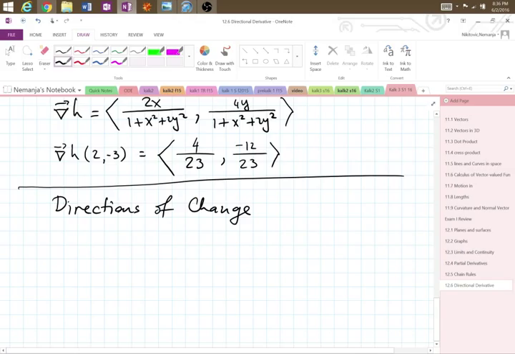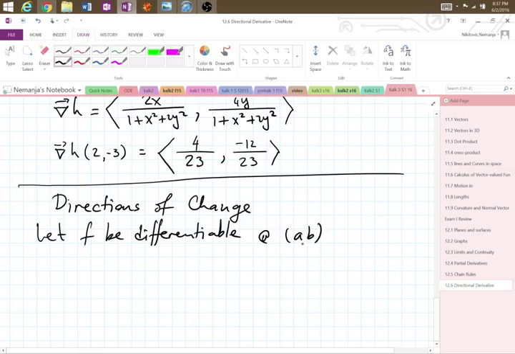So if we have a function that is differentiable, obviously you have to have that in order to find partial derivatives, because gradient is the vector of partial derivatives. So let f be differentiable at (a, b) with del f different than the 0 vector.